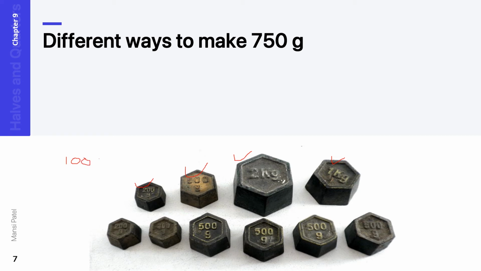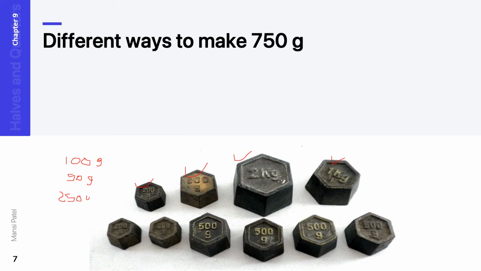A 100-gram stone is there. For what? To measure the quantity. After that, the weighing stone for 50 gram. After that, sometimes there is a stone for 250 gram.